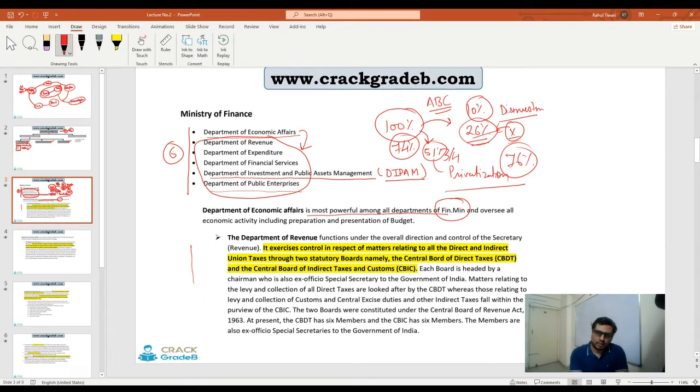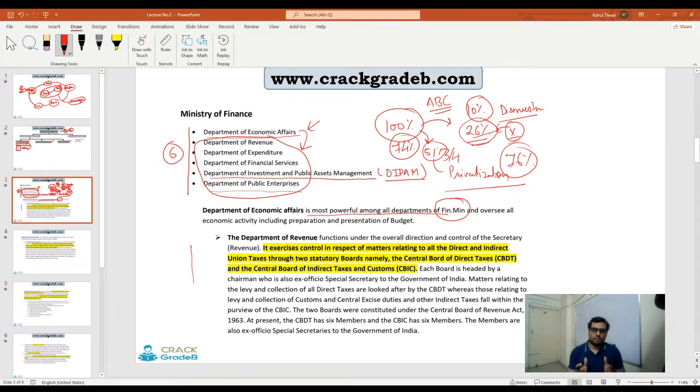Every department is headed by a secretary, but the most efficient one is going to head Economic Affairs. For example, our present Governor of RBI was heading this department for a long time, and when he was announced as Governor of RBI, at that point of time he was the Economic Affairs Secretary, right?